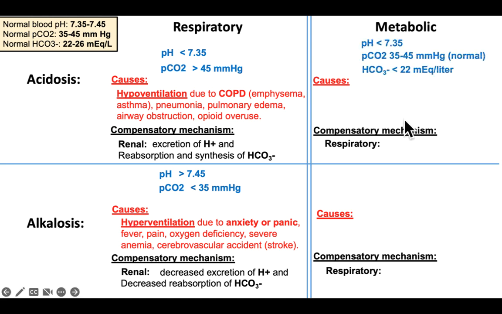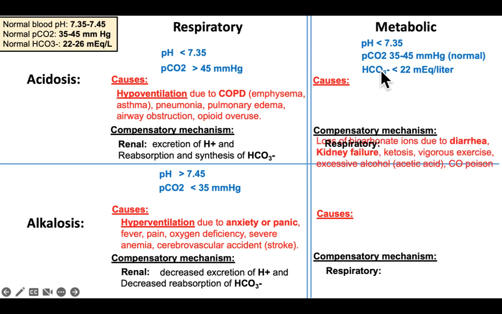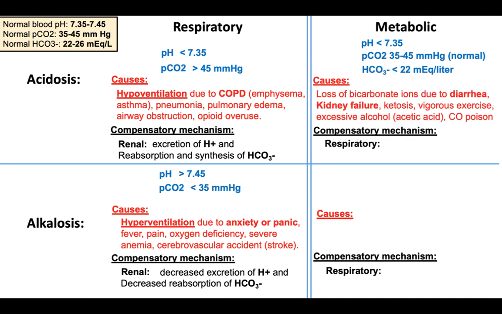Metabolic acidosis: low pH, normal carbon dioxide, low bicarbonate. Causes: loss of bicarbonate ions due to diarrhea, kidney failure, ketosis, vigorous exercise, excessive alcohol consumption, carbon monoxide poisoning. So diarrhea, remember what we use bicarbonate for.